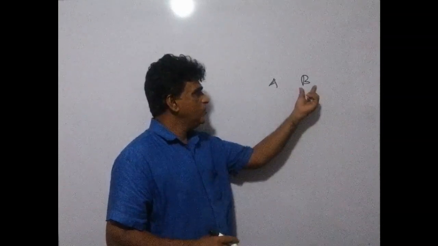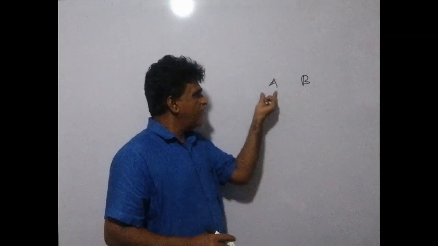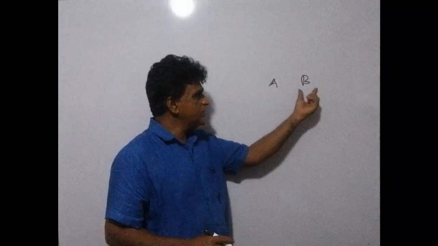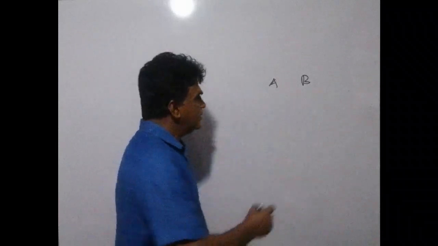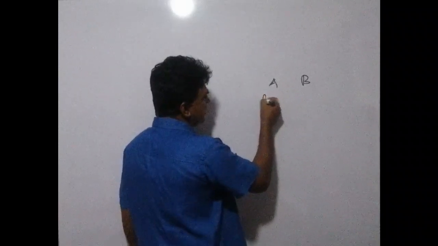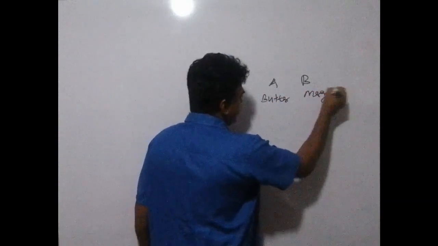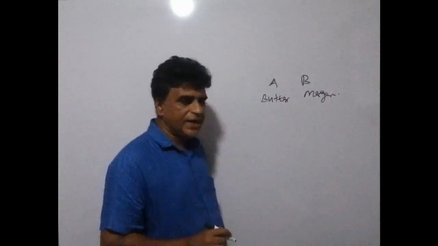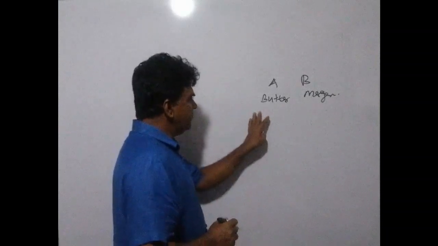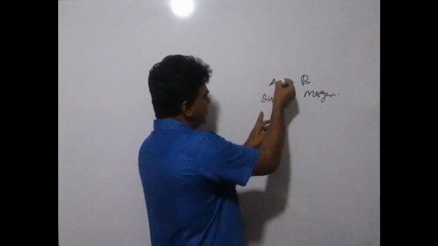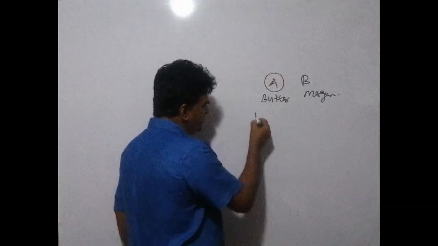That means good B we can use instead of A, and good A we can use instead of B, right? As an example, this is butter and margarine, right? Butter and margarine.